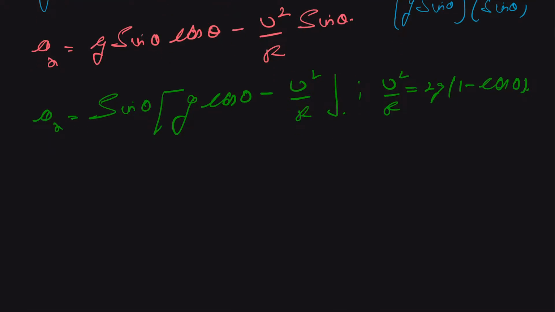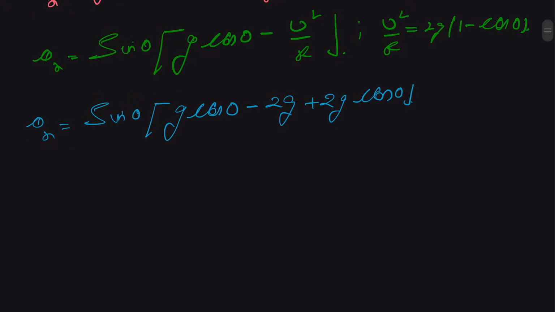So we substitute it, and we get our x component equal to sine of theta times g cos of theta minus 2g plus 2g cos of theta.